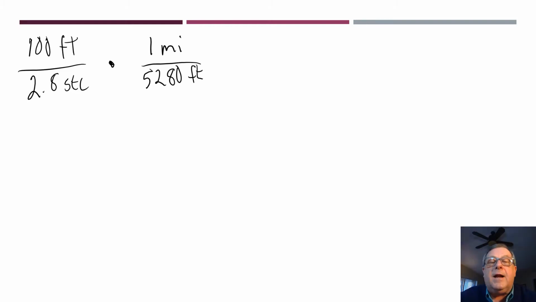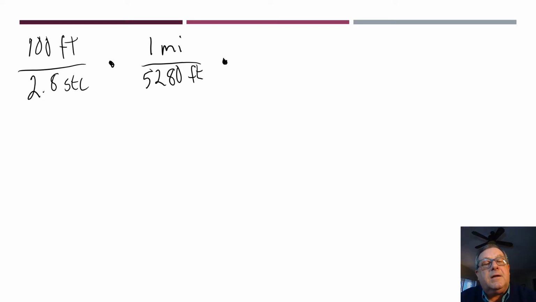Now, I got to convert these seconds, and this is where this takes a little bit of a variation on what I'm talking about. What am I converting to over what I'm converting from? Because my 2.8 seconds is in the denominator, and I'm wanting these units of measurement to cancel, where I'm left with just miles per hour.